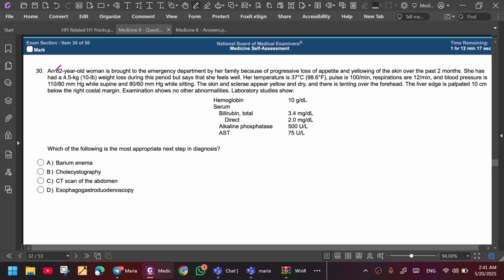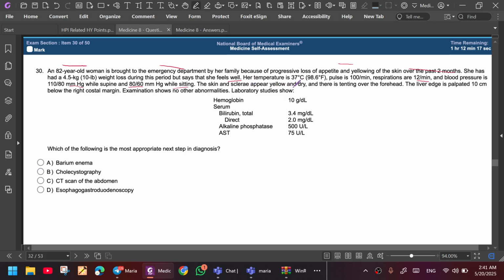An 82-year-old woman is brought to the emergency department by her family because of progressive loss of appetite and yellowing of the skin over the past 2 months. She has 4.5 kg weight loss during the period, but says she feels well. Temperature is normal, pulse 100, respiration 12, blood pressure is 110/80 supine and while sitting is 80/60.